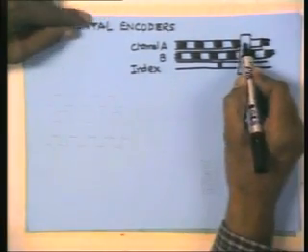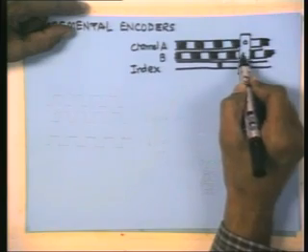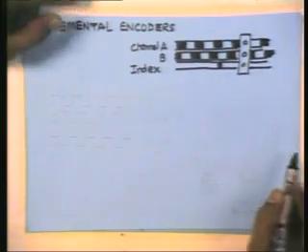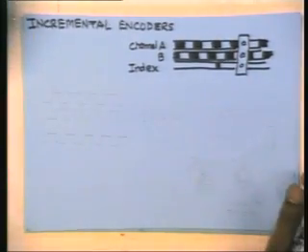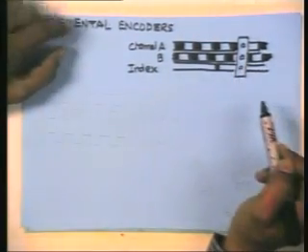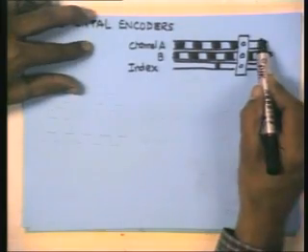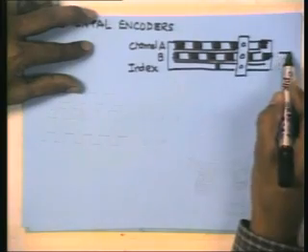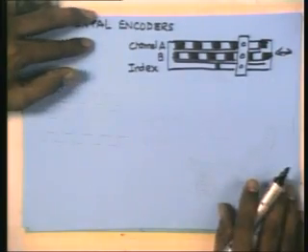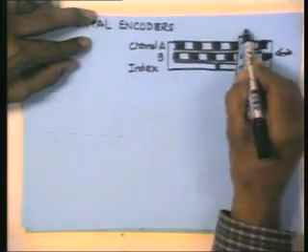Okay, the idea basically is similar. You have a light source on one side and photodetectors on the other side. So assuming that the light source is at the bottom, I have 3 photodetectors here, and then this whole thing is mounted on whatever is moving. So this is moving back and forth, whereas this is fixed.